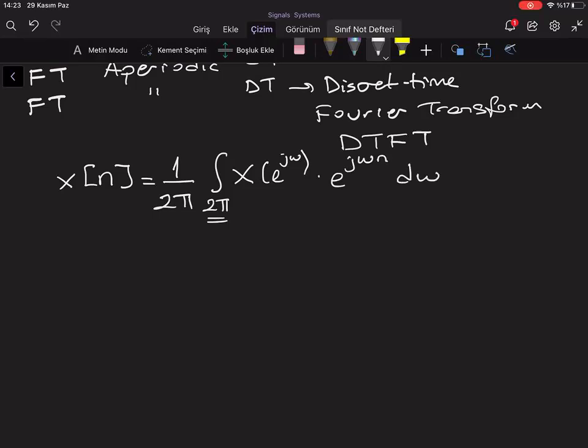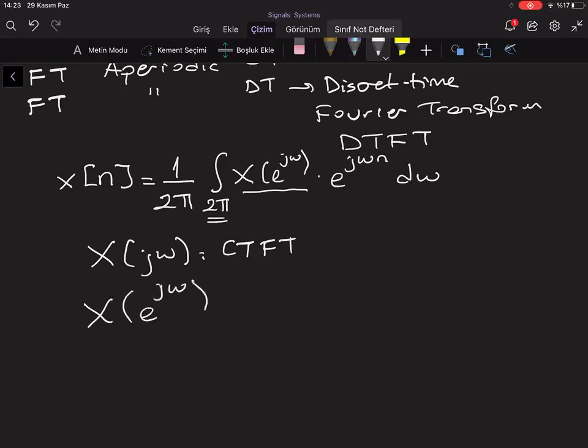You see here, this time I said X(e^jω). If I say X(jω), it means the continuous time Fourier transform spectrum. If I say X(e^jω), it means the discrete time Fourier transform. Okay, what is this equation doing? It's a synthesis equation.